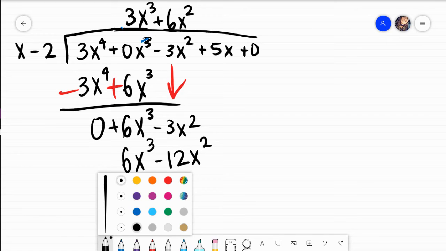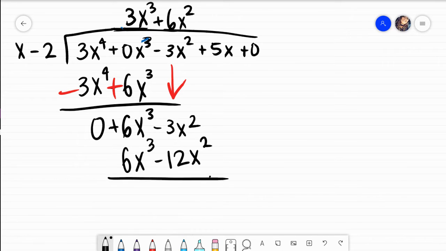Now we do our line here, and we change the signs. If you notice, first terms, again, additive inverses, just a heads up, that's what should happen to those first terms each time. If not, maybe you forgot to change the signs, or you had an error somewhere in either your division or your multiplication.